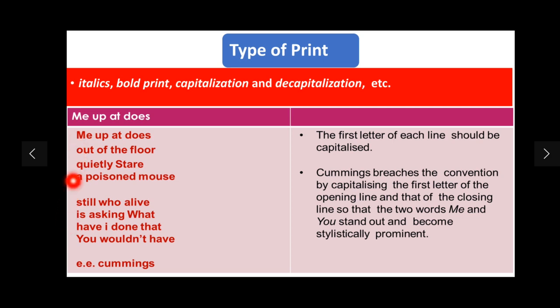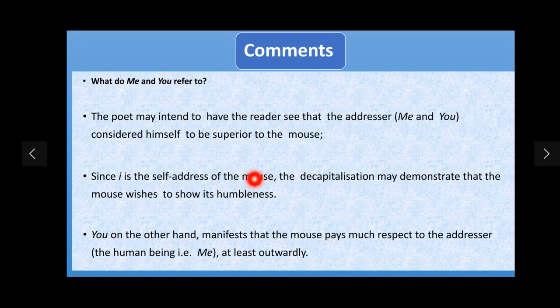So me and you both are the poet then. Me also refers to the poet and you also refers to the poet. So the poet wants to show his superiority by capitalizing the words me and you. So me and you both refer to the poet.